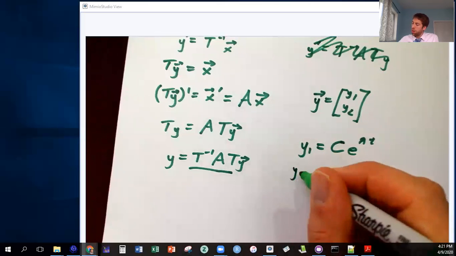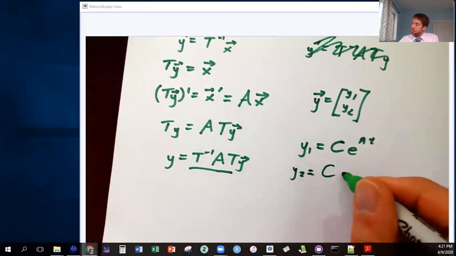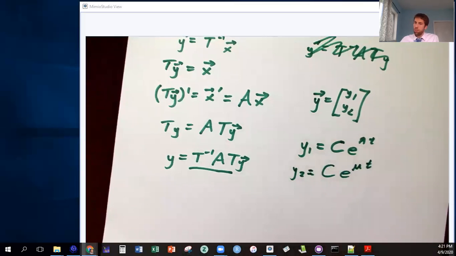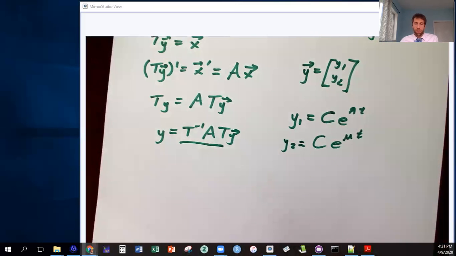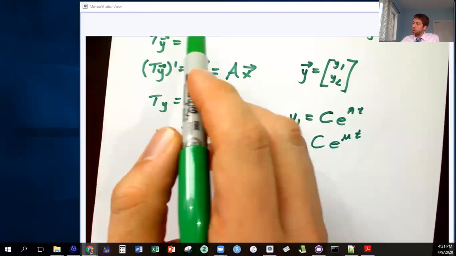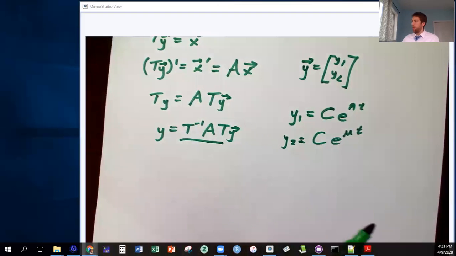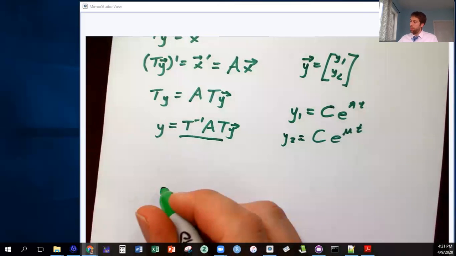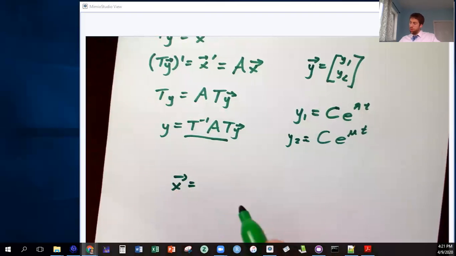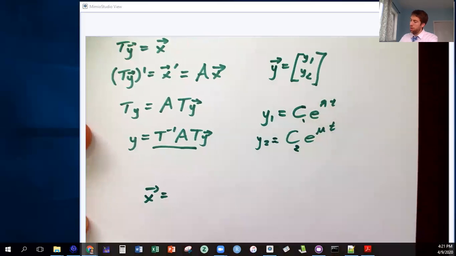And y2 equals c e to the mu t, where mu is the other eigenvalue. And then x is just equal to T times y. So if you multiply T by that, you get x equals, let's see, c1, c2, the different constants. That's important because they're both created independently.